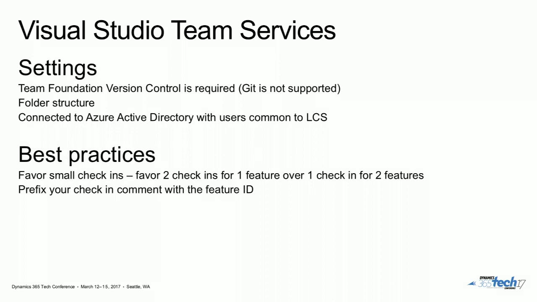When you create your VSTS account, the Team Foundation version control is required. Git is not supported. There's a certain folder structure that comes with it. It's trunk, out the root, it's trunk and then main.